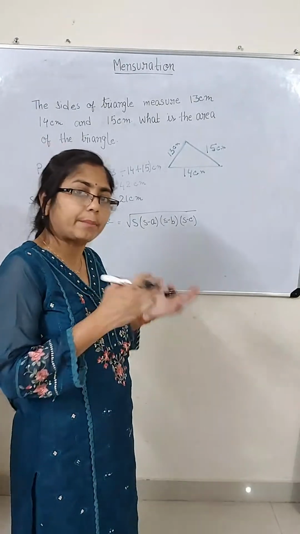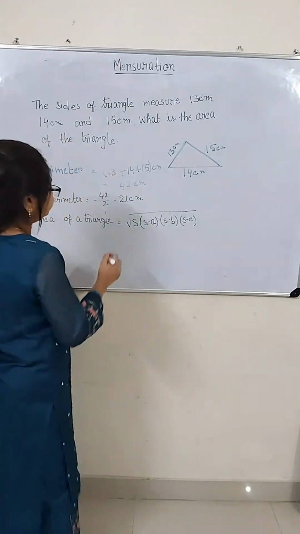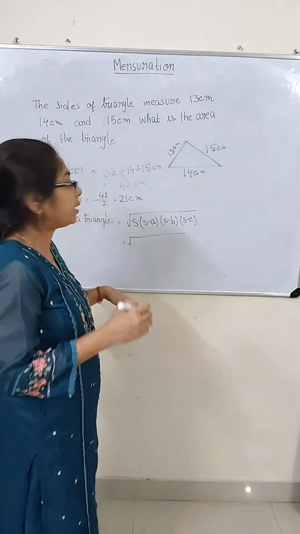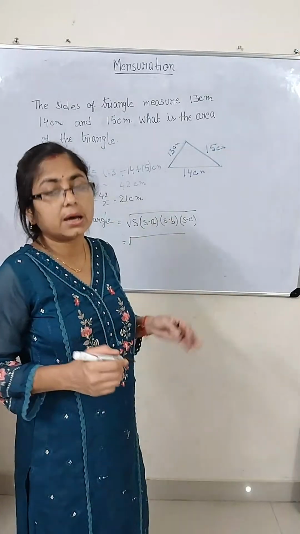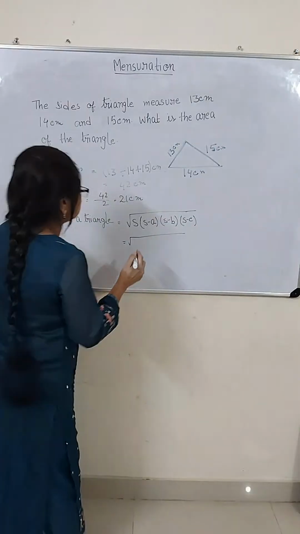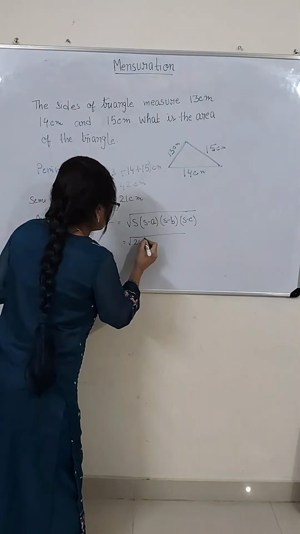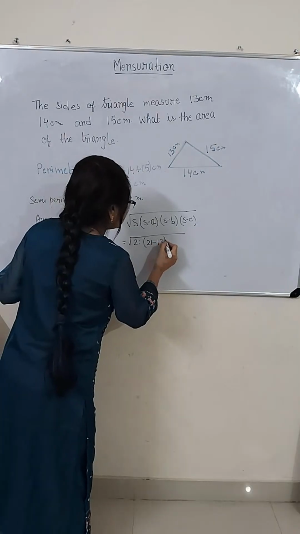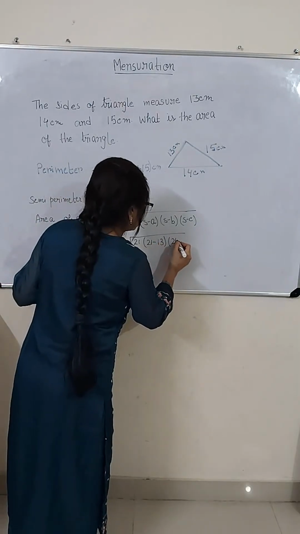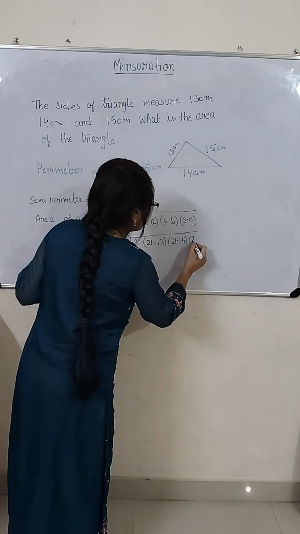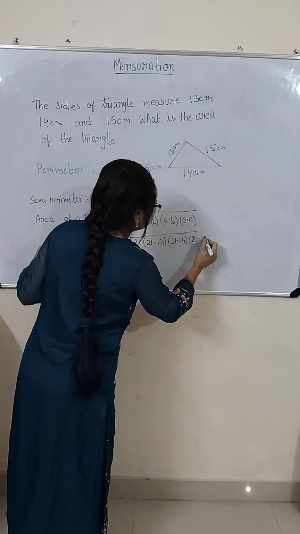So first, S means 21 and A, B, C are the different values of the three sides. So first you write 21, then you write 21 minus 13, 21 minus 14, 21 minus 15.